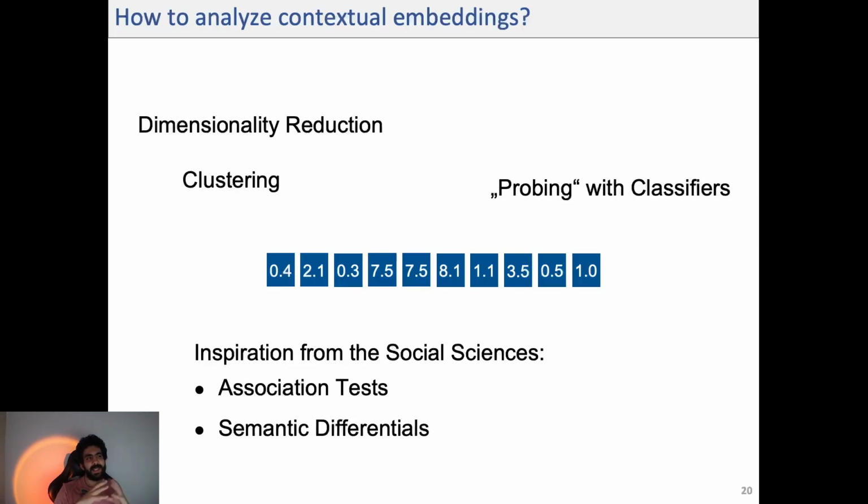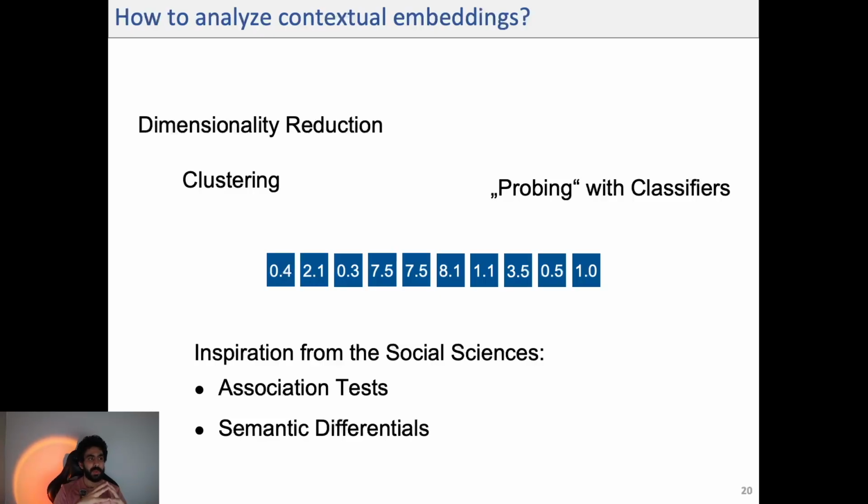So how do we actually analyze embeddings? We can't just look at the numbers and understand them, right? We need tools to help us interpret what these vectors mean. Dimensionality reduction, for instance. Embeddings are high dimensional, sometimes 768 or 1024 numbers long.